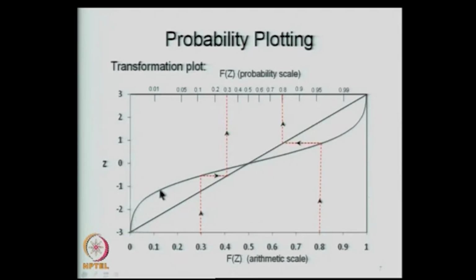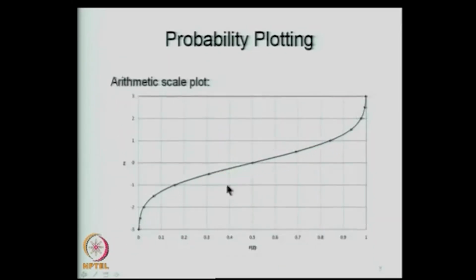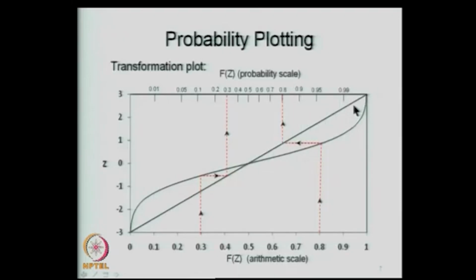Let us say this was your plot on the arithmetic scale. So, this curve here shows the same plot as is shown here. And we draw a straight line between -3 to +3 on the z axis, and this straight line passes through 0 and 0.5 of F of z, corresponding to a value of 0 here.